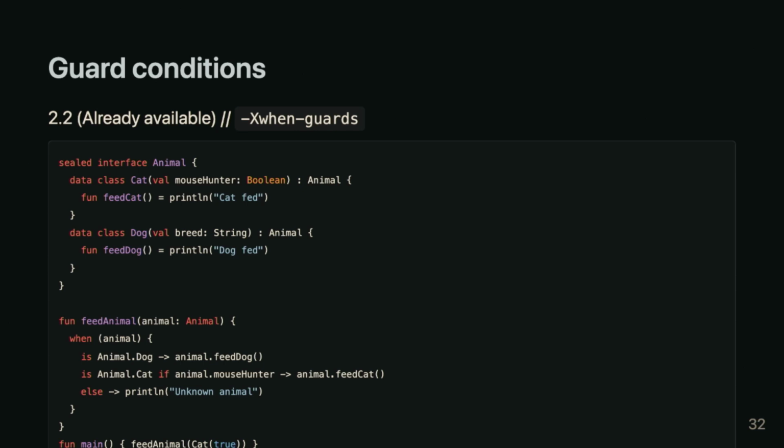Okay, so the example is you have some sealed interface that's an animal, and you have a cat and a dog class that are animals, and the cat has a Boolean that it's a mouse hunter. So in a function like feedAnimal that takes an animal, you can now say, if it's a dog, do something. If it's a cat, and the cat is a mouse hunter, you can do something. So you can now do an if condition within a when statement.